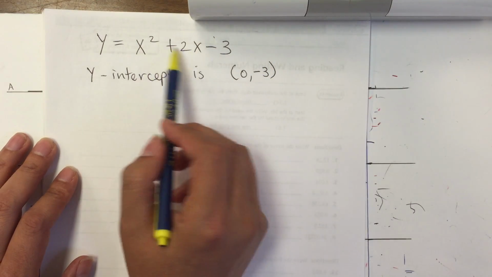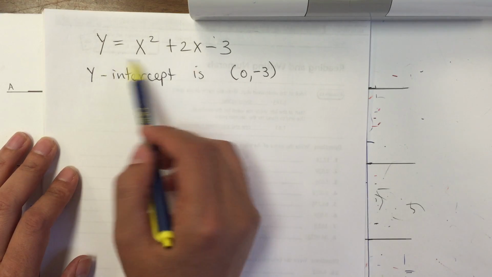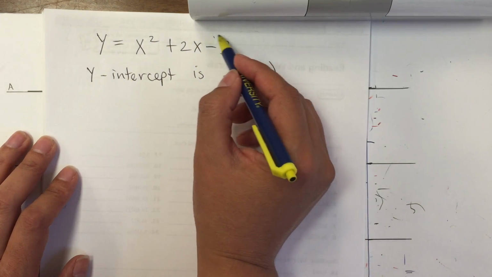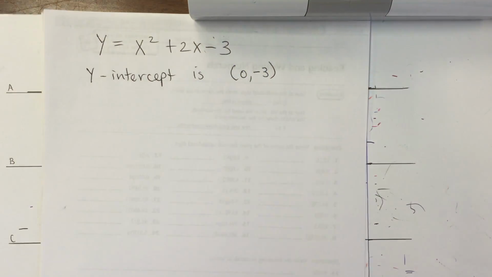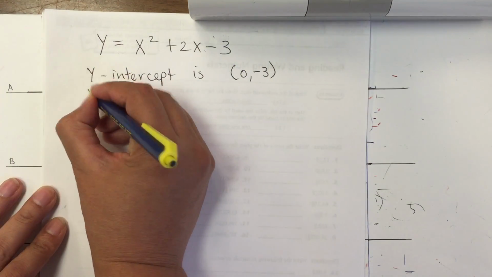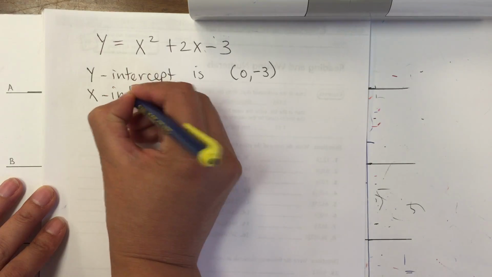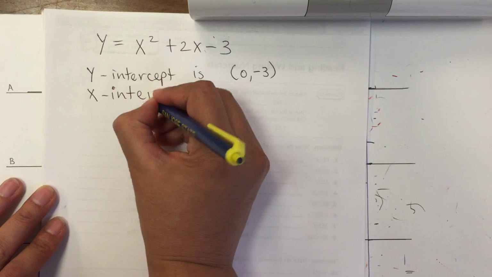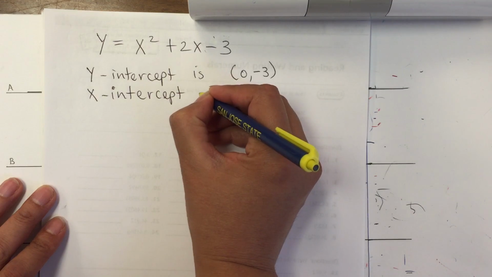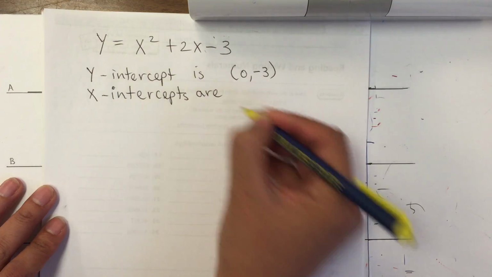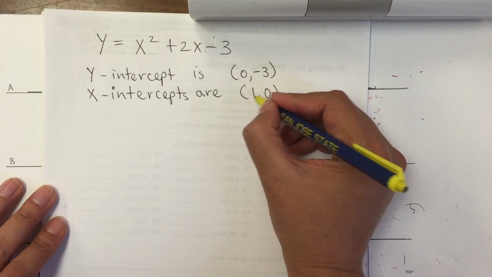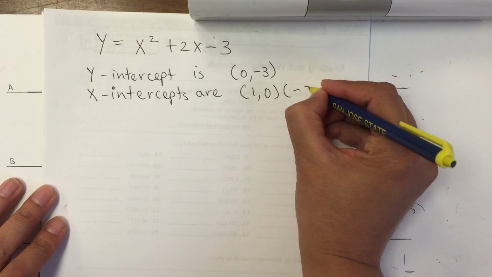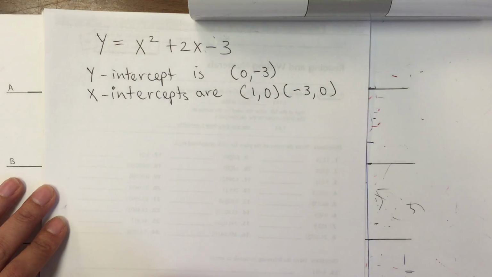And remember that when we have this type of equation, your Y-intercept will always be 0 and the constant number in there, okay? Your X-intercepts for this equation, and you can go ahead and look back at your notes from yesterday, are (1, 0) and (-3, 0).